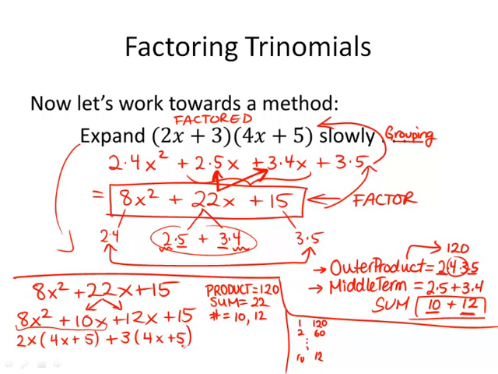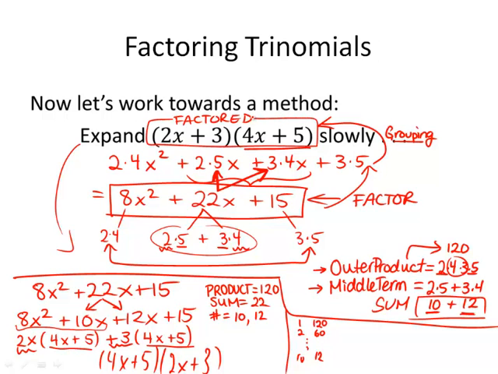Hey, check it out. We got the common factor of 4x plus 5 that we can factor out. And what's left in our bracket is our 2x plus 3. So we've got a method for the factored form.